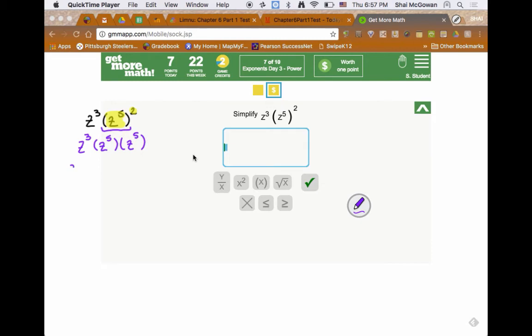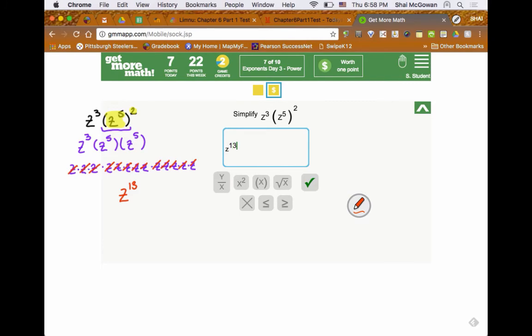So z to the third is z times z times z. z to the fifth is 5 z's. And then we're going to do it again. And now to get my answer, remember we're going to count. So we have 1, 2, 3, 4, 5, 6, 7, 8, 9, 10, 11, 12, 13 z's. So this is going to be z to the 13th power. So z exponent 13.